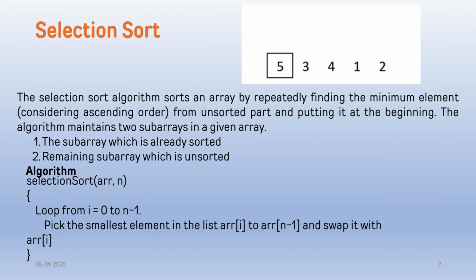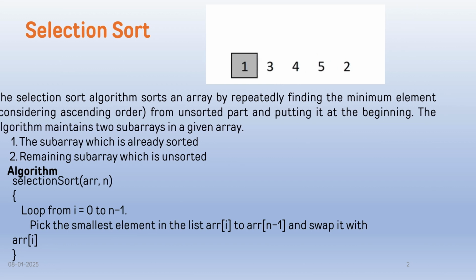So total time taken to sort the array is order of n plus order of n-1 plus all the terms up to order of 2. If we sum up n, n-1, n-2, up to 2, we get the dominant term as n square. So, the time complexity of the selection sort is order of n square. Let us take a deeper look into the time complexity analysis of selection sort in the next slide.